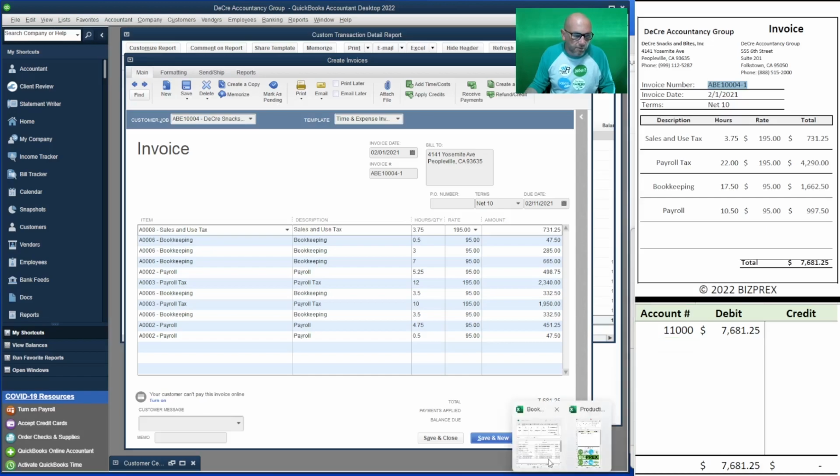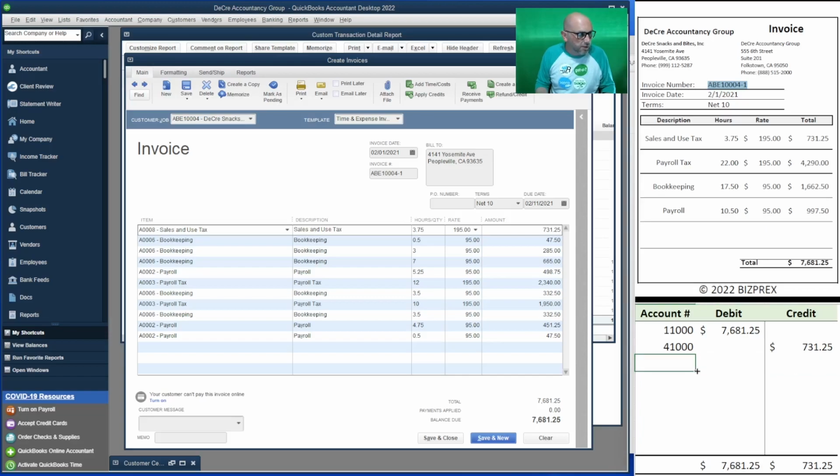Well, like I already said, we have a number of items that we have to allocate here. And those are, like I said, sales and use tax. That goes under our accounting services income, account 41,000. So let's put that in there, $731.25. It's a revenue account. Revenue goes up when credited, right?